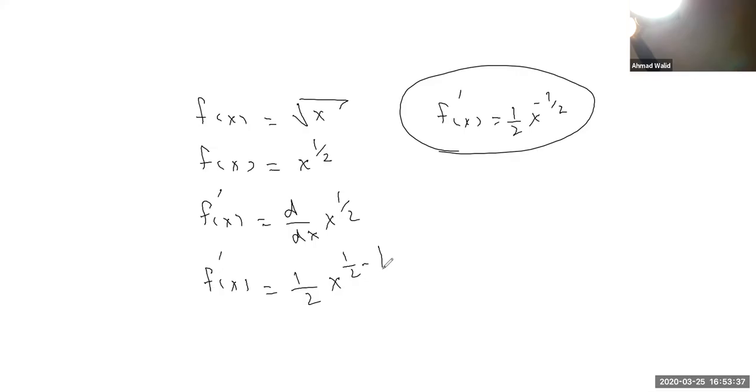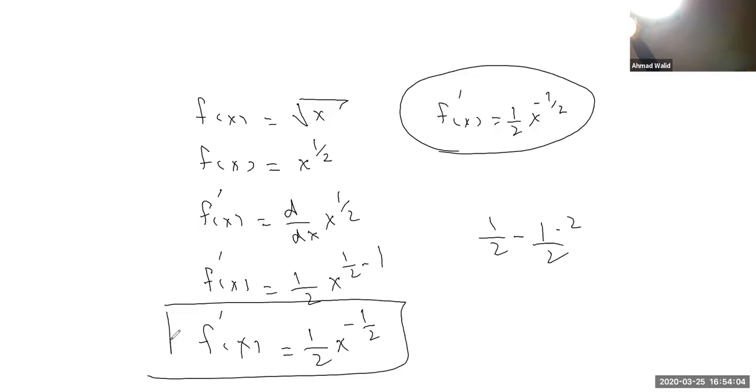In an easy way, if you have $1 and you take one half of it away, you end up with -1/2, right? Or simplify 1/2 minus 1: you need a common denominator, times 2 times 2. Then f prime x equals 1/2 x to the power of -1/2. Final answer. Correct?